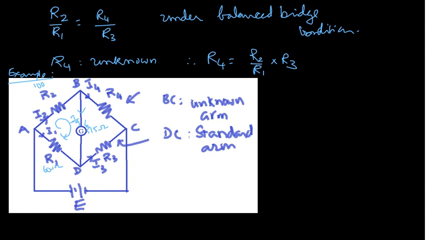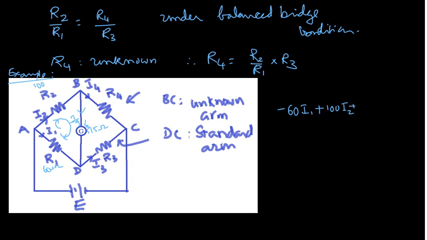Because this direction and this direction are the same. 15, that is the internal resistance, Ig, that's the galvanometer current. All put together is 0. Any questions? Understood, right? So next consider the second one, BCDB.